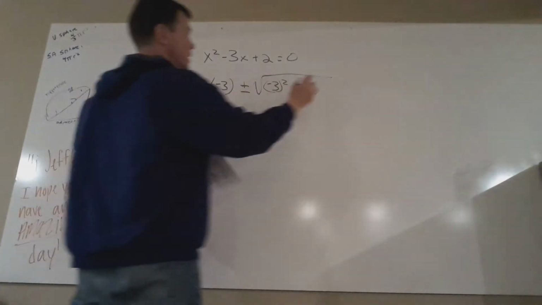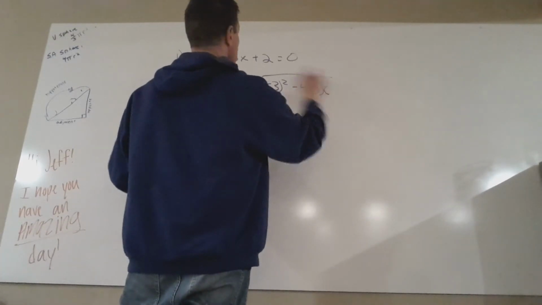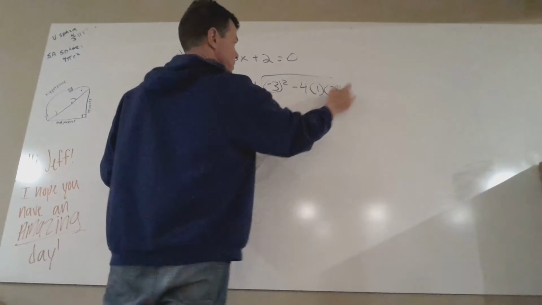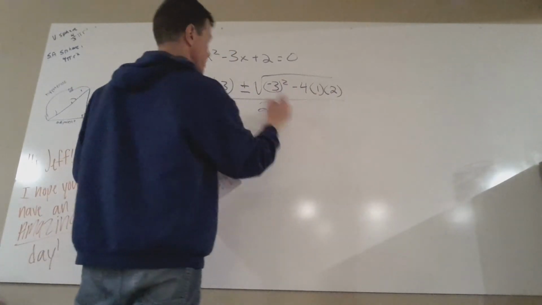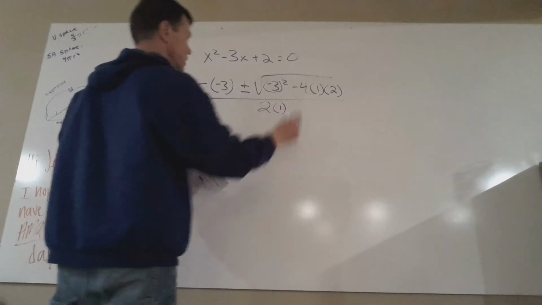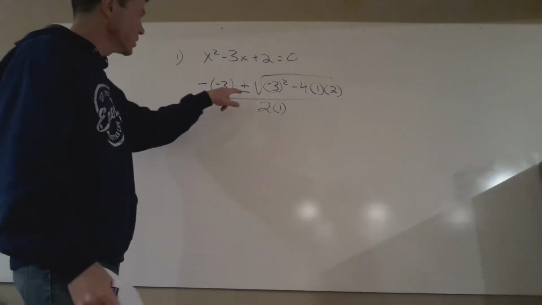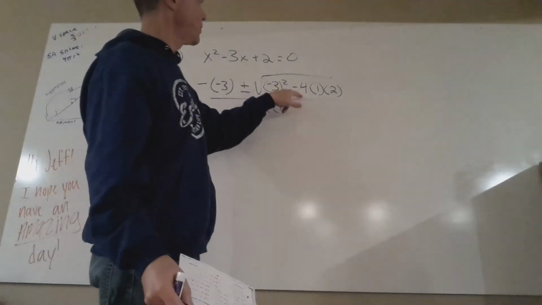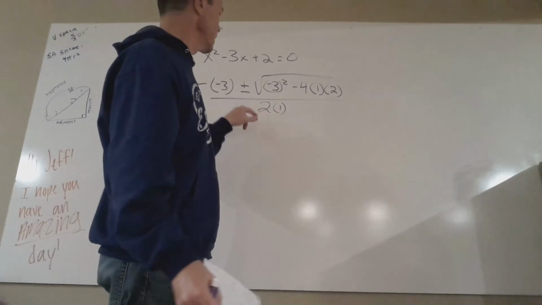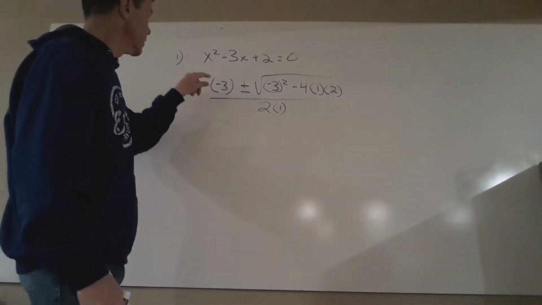A is 1. C is 2. All over 2 times a. A again is 1. All right, here's our formula: negative b plus or minus the square root of b squared minus 4 times a times c, all over 2 times a.